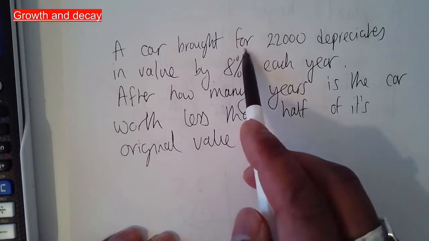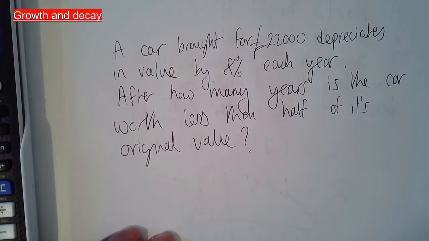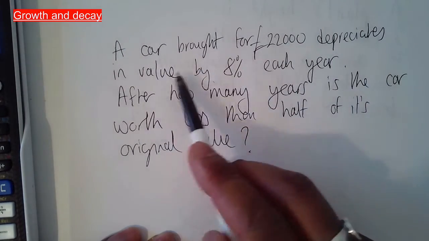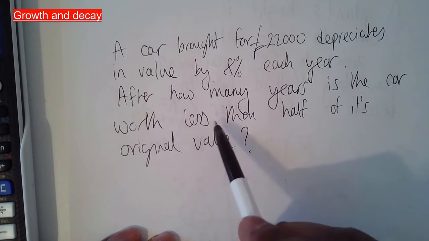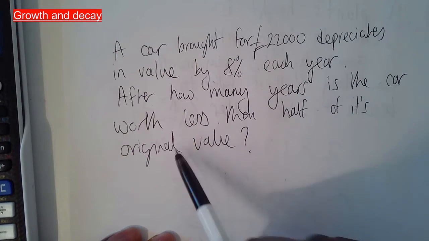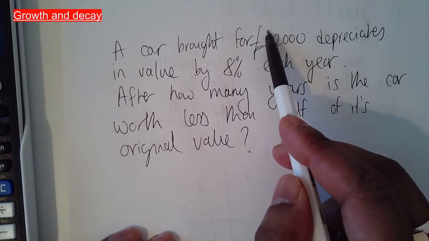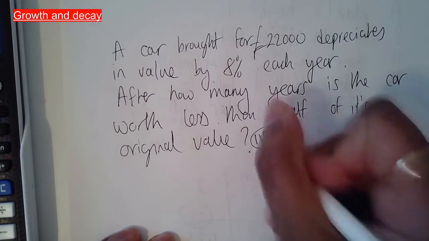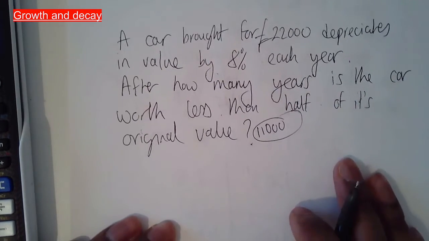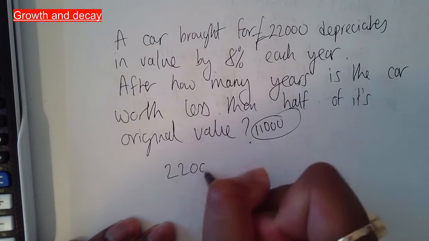A car bought for £22,000 depreciates in value by 8% each year. After how many years is the car worth less than half of its original value? Well, half of that is 11,000. So we start off with 22,000.